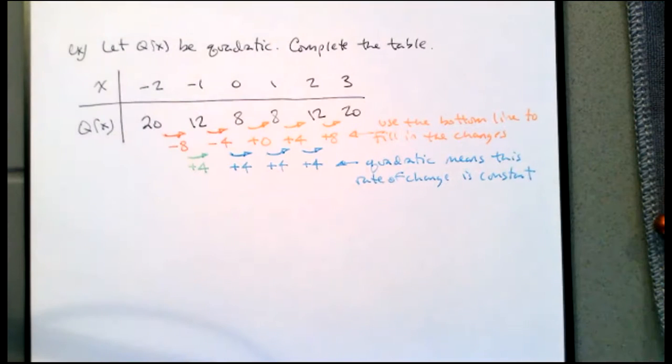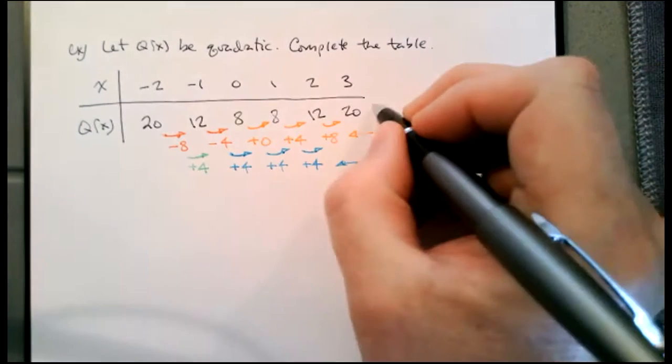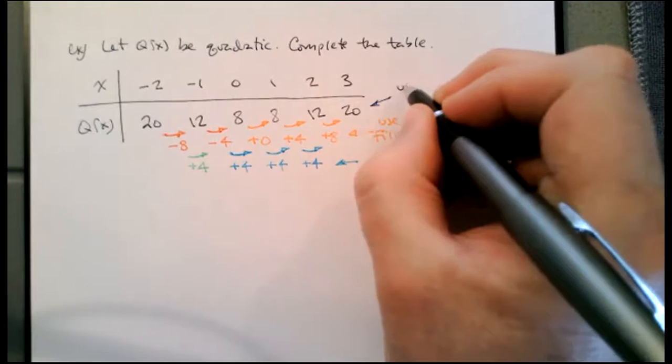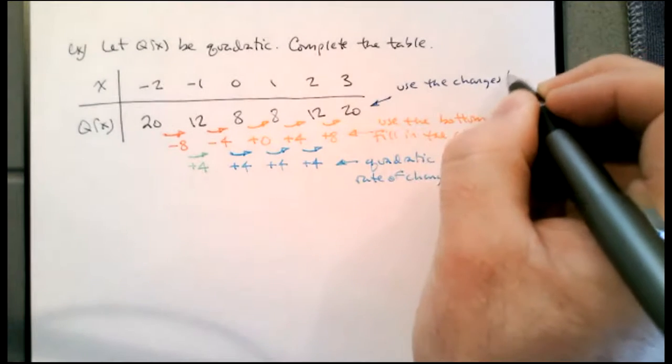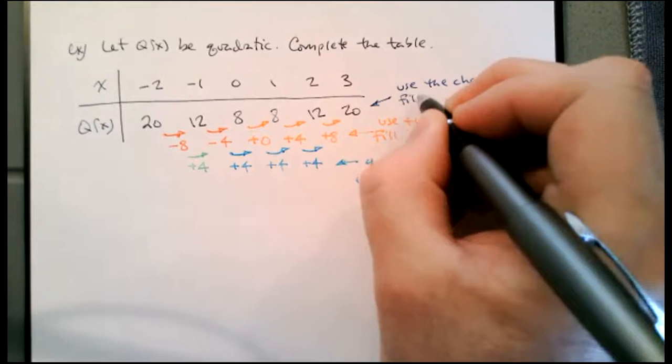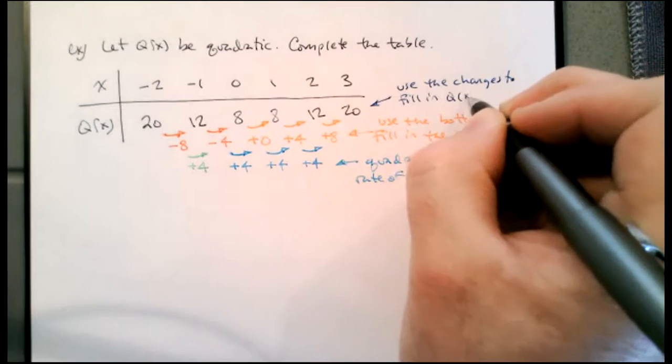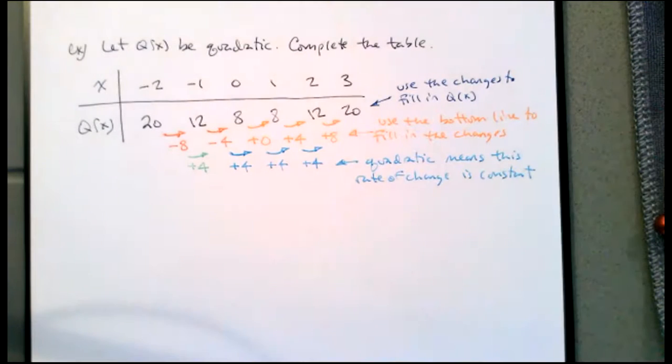So we use the bottom line to fill in changes, and then we use the changes to fill in q of x. So this is what we're looking for with a quadratic function in the numbers.